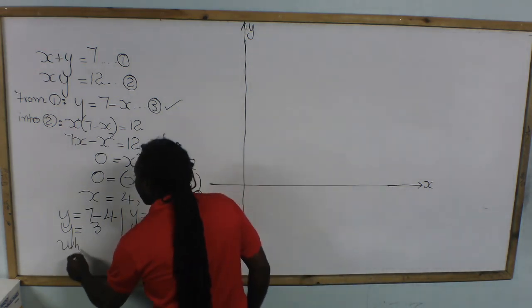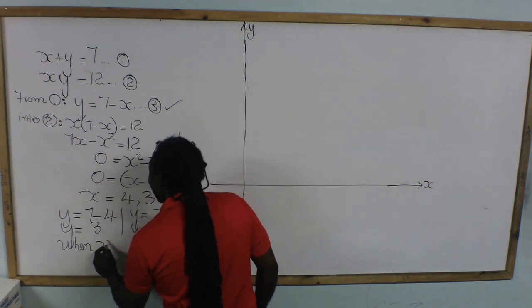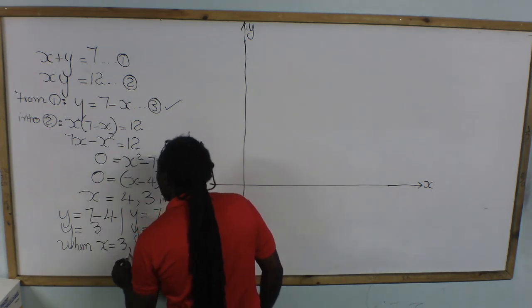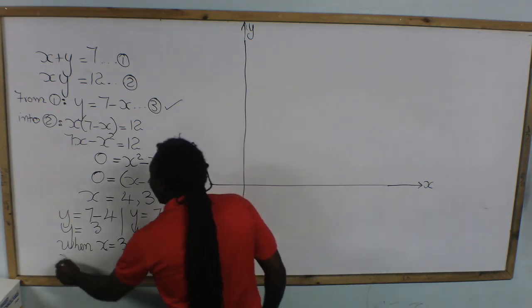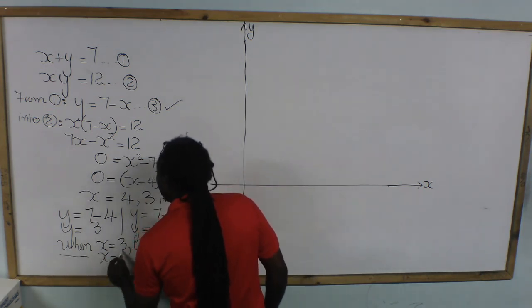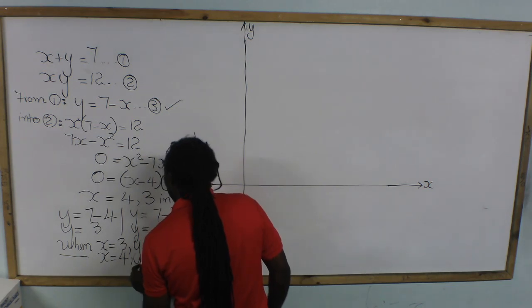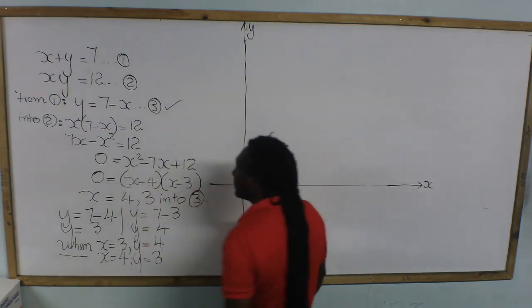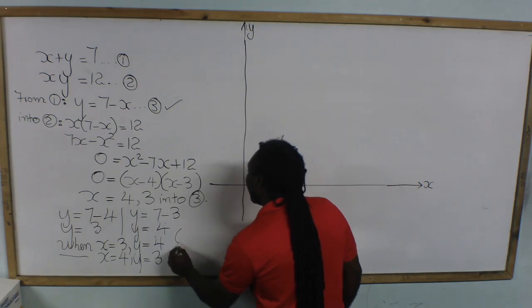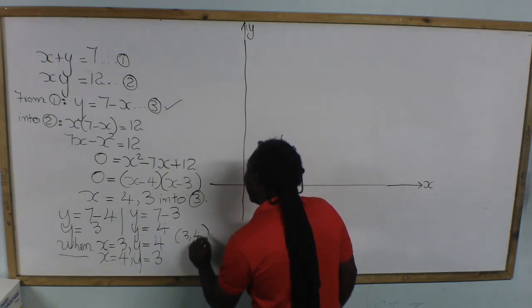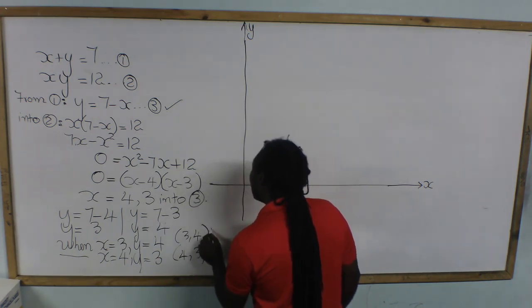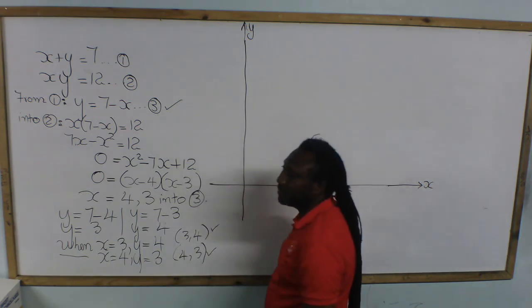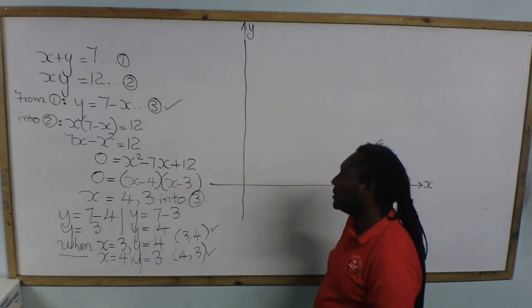So when x is equal to 3, y is equal to 4, and when x is equal to 4, y is equal to 3. So you have 3, 4, and 4, 3. Those are the 2 points.